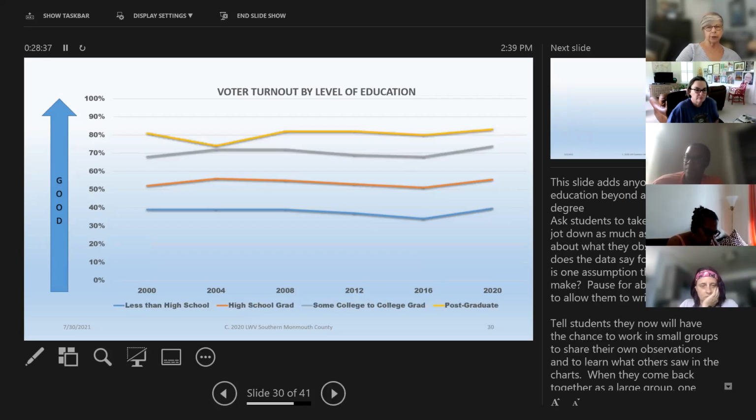And this adds people with a graduate degree. So okay, I'm going to put you into breakout rooms, and I'm going to ask you to share what you've written down with the other people in your group, and then ask one person to be a reporter.